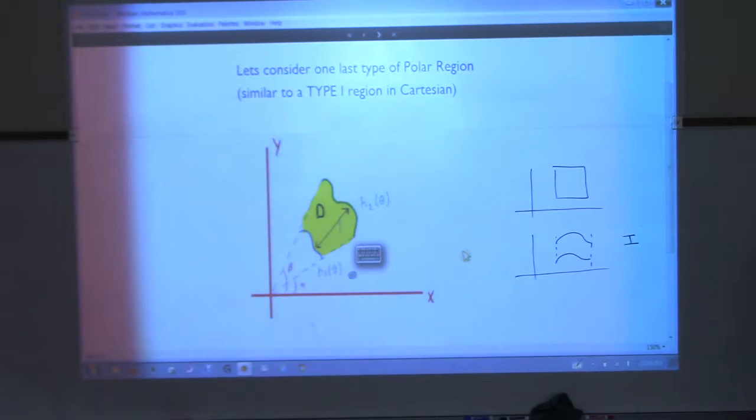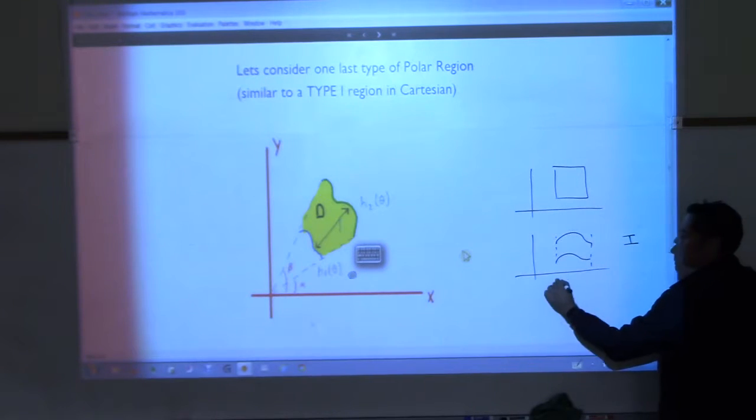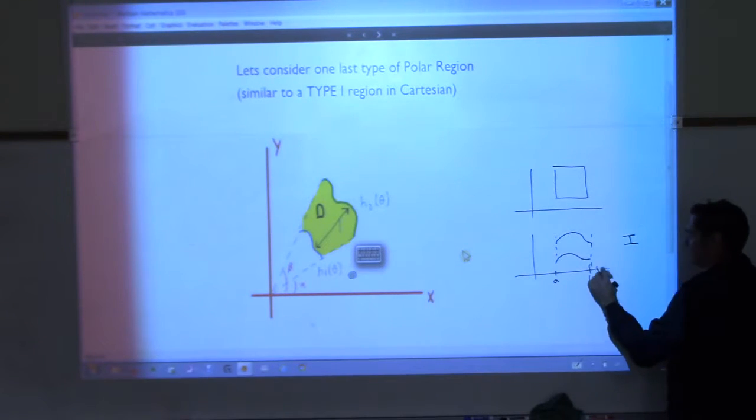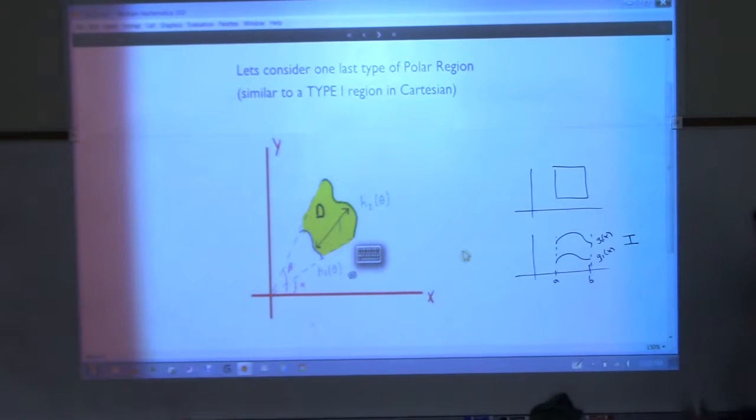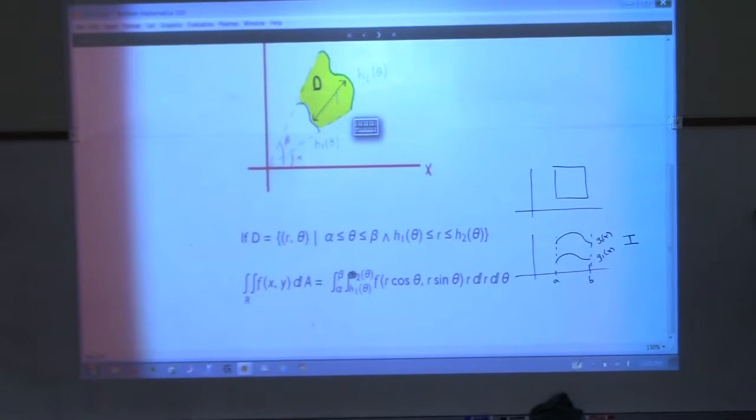All that does is it forces our order of integration to go just like we did here. Remember, when we did this, if this was from a to b, and this was from g1 of x to g2 of x, what we're going to have here in that case, we call it h1 of theta and h2 of theta.